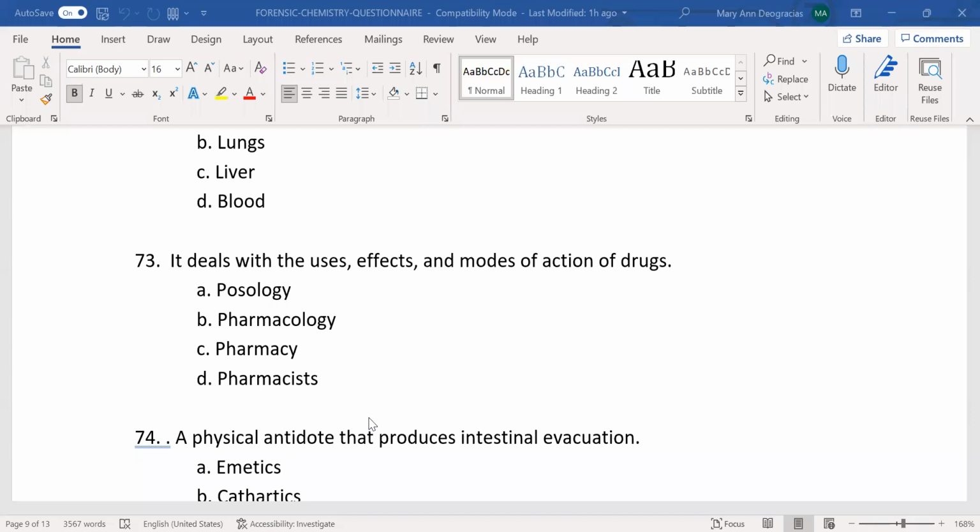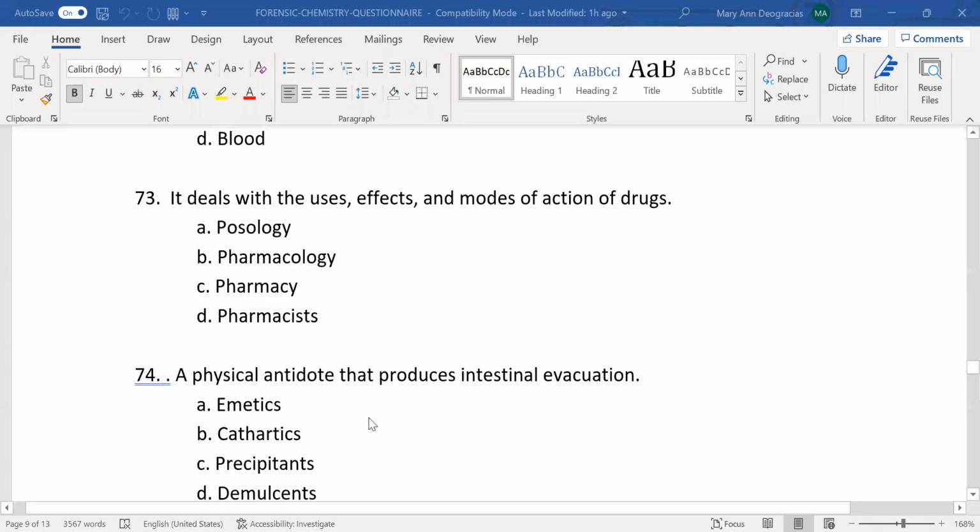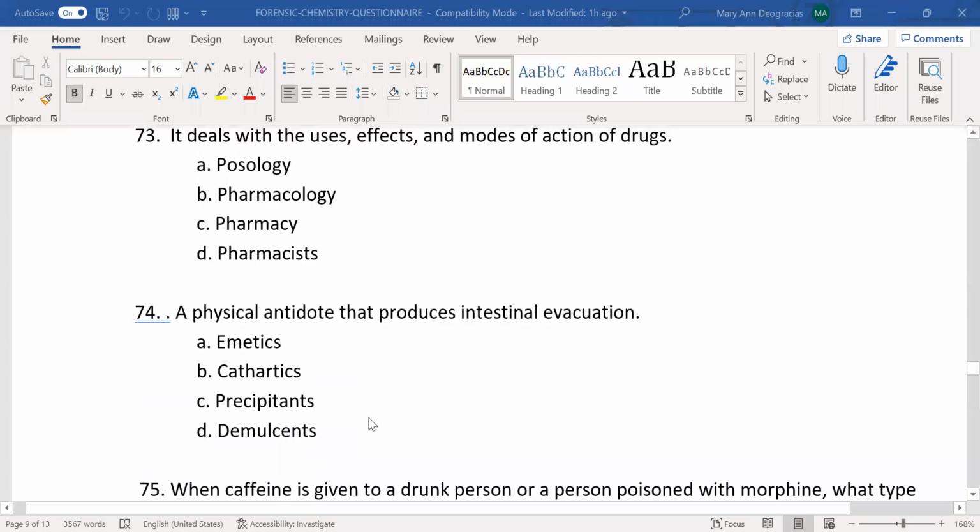Alright. Next. A physical antidote that produces intestinal evacuation. A, emetics. B, cathartics. C, precipitants. And then D, demulcents.